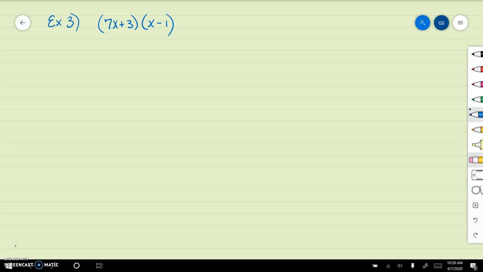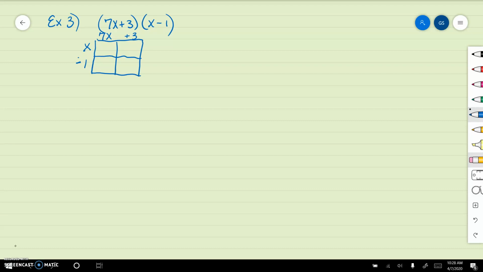All right, make your box. Break it into 4. 7x and plus 3 are the two terms that go on top, so 7x and positive 3. X and negative 1 go on the left, so x times negative 1. We multiply to get into the box.